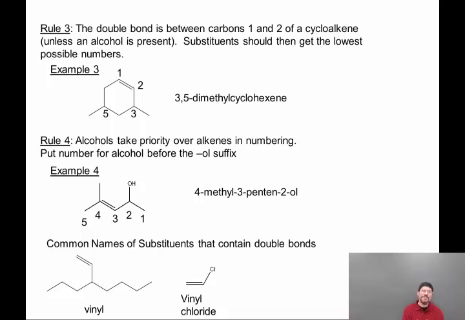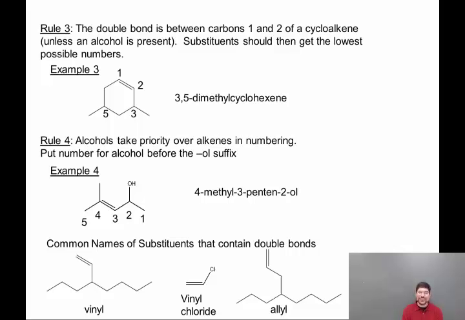Okay, so vinyl can be used as a substituent on a larger ring, or it can be also used as the common name in a molecule like vinyl chloride. Insert one more carbon to give you a 3-carbon substituent chain with the double bond between carbons 2 and 3, and that is now called an allyl group.